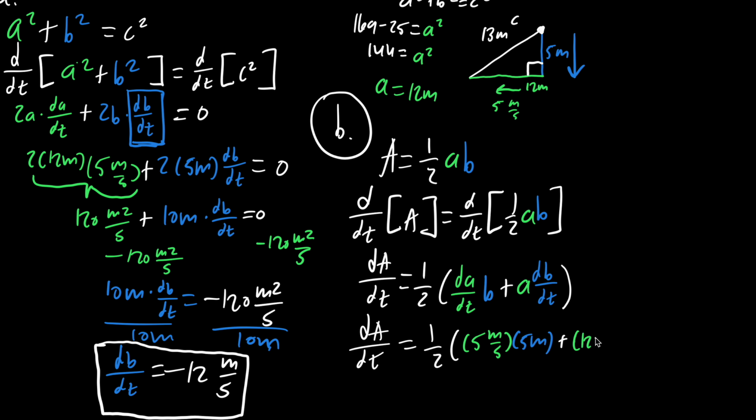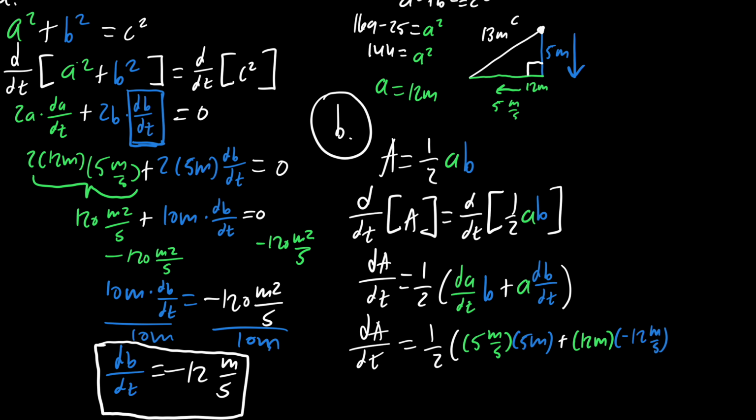12 meters a second times the derivative of B with respect to time. We solved that in the last problem, so we know that derivative of B with respect to time is going to be -12 meters a second.